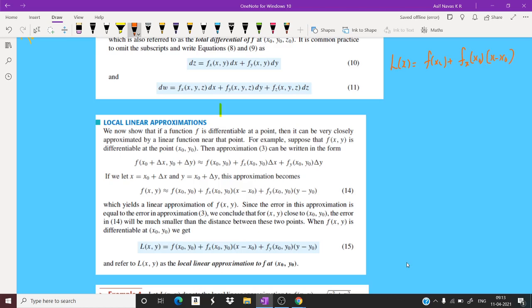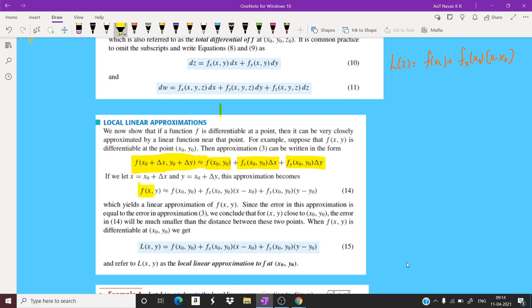So in the two variable case, we will write f of x naught plus delta x, y naught plus delta y is approximately equal to f of x naught y naught plus fx at x naught y naught delta x plus fy at x naught y naught delta y.